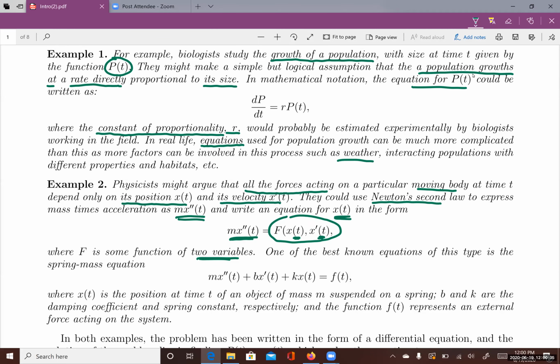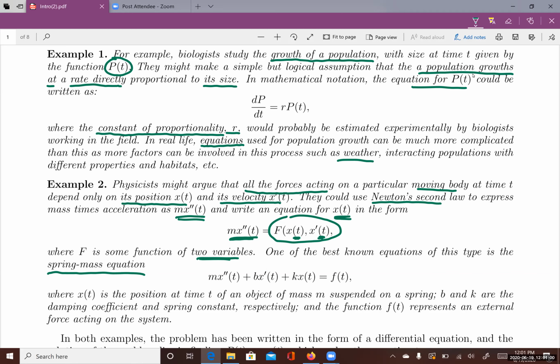All right, and one of the best known equations of this type is the spring mass equation. So this is the general formula for the spring mass equation: m x double prime of t plus b times x prime of t plus k times x of t equals f of t, where m is the mass of the object, right?